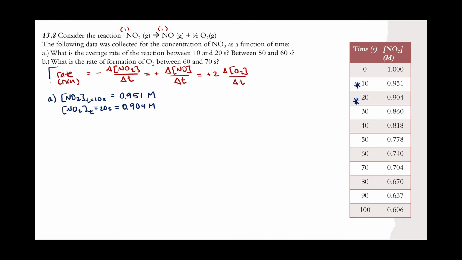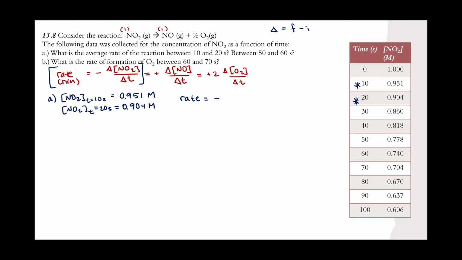So right now, looking at just those first two terms, I can say my rate is equal to negative. And recall that delta just means final minus initial.